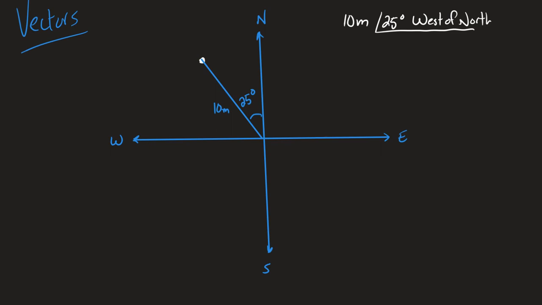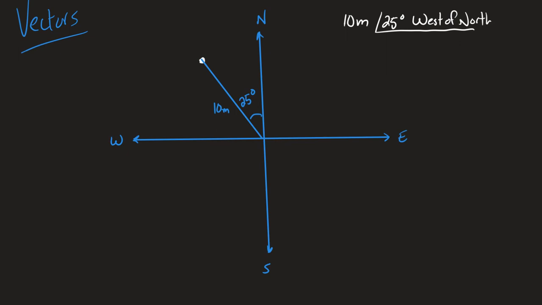All right. A lot of students struggle with what I'm about to talk about. And likely you will be one of those students. Polar notation gives you a magnitude of your vector and a direction. However, it's important to understand that telling you that your magnitude is 10 and your direction is 25 degrees doesn't tell you anything.